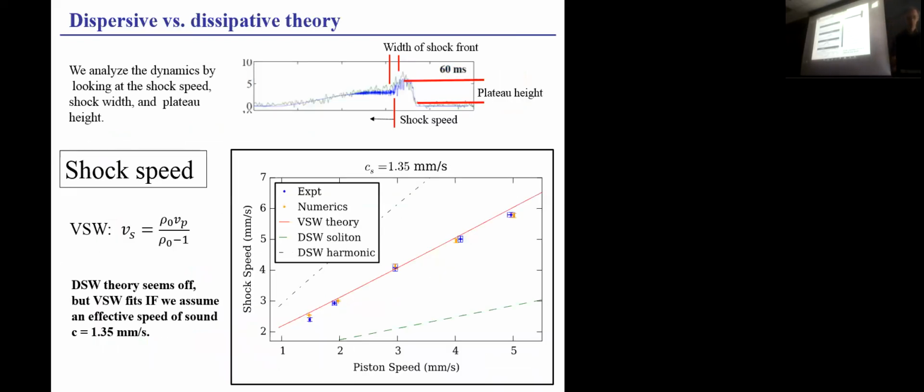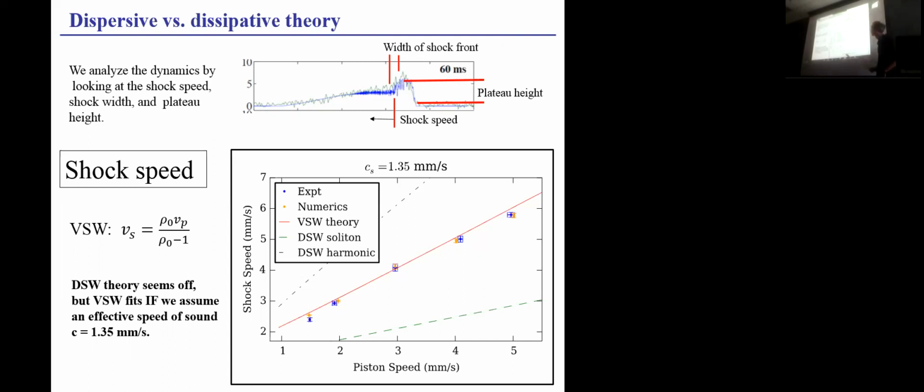Quantitatively, we characterize our features by a couple of measures. One is, of course, the shock speed, this point over here, and how quickly it moves through the cloud. The other is the width of the shock front, from here up to the plateau. The third is the plateau height, how high the plateau density is relative to the background density.